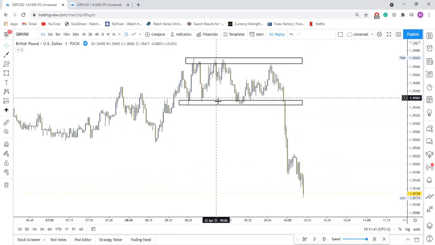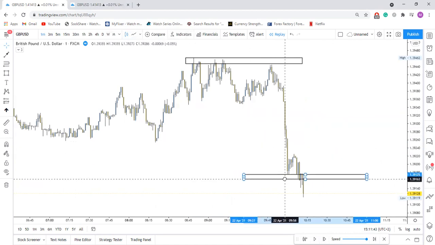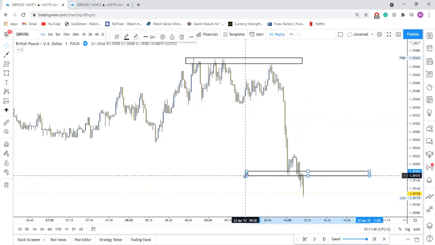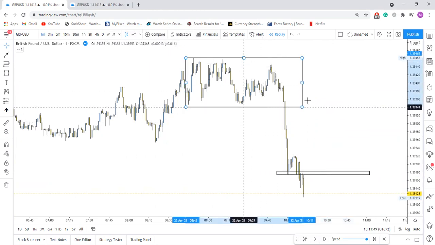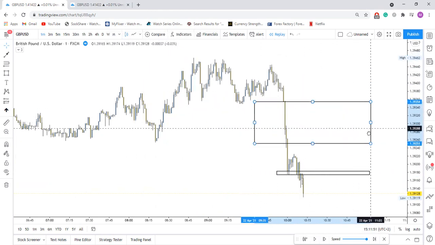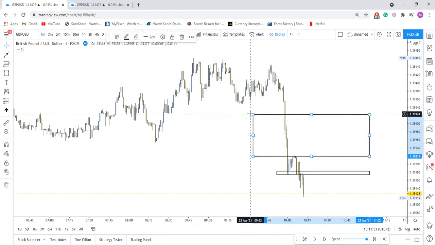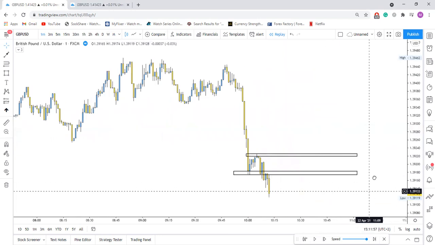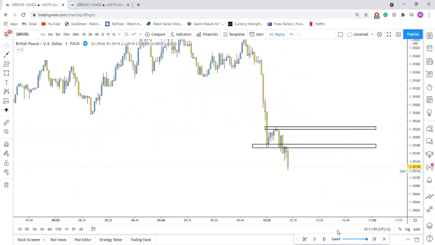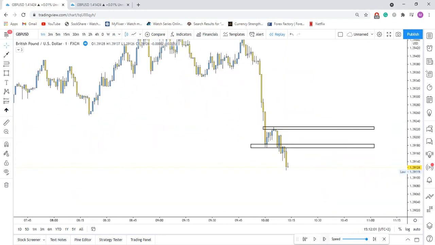Yeah, so this is a very tough one. Would you consider selling this market at this point? That's the high. Would you consider selling the market at this point? Let me see.